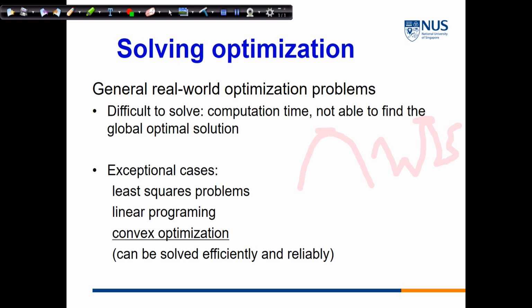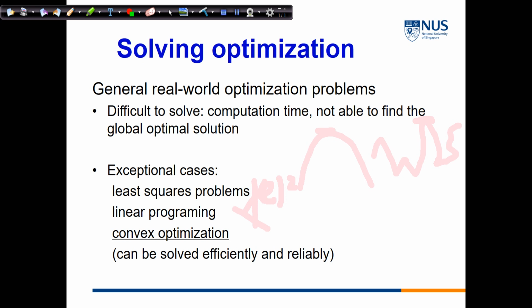What is the least square problem? If you do data fitting, you might have learned you have some error, right? And the error squared, you want to minimize it. So it's a least square problem. Or linear programming, to form it as a straight line, as a linear function.